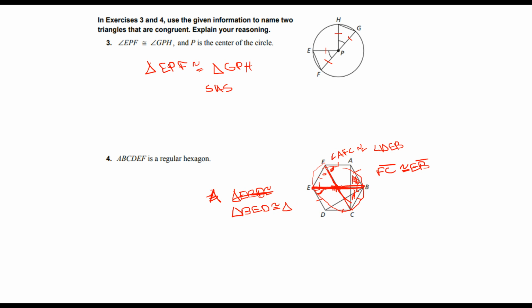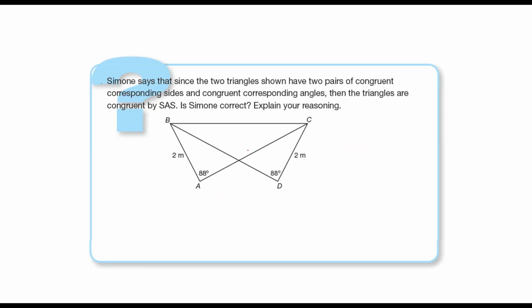So that would be CFA. Now, there's probably many other triangles you could prove, but that's one I did through side, angle, side. I've got the side that's all the way across, the angle that's bisected, and then the side that's on the outside of the hexagon. Okay, carrying on.